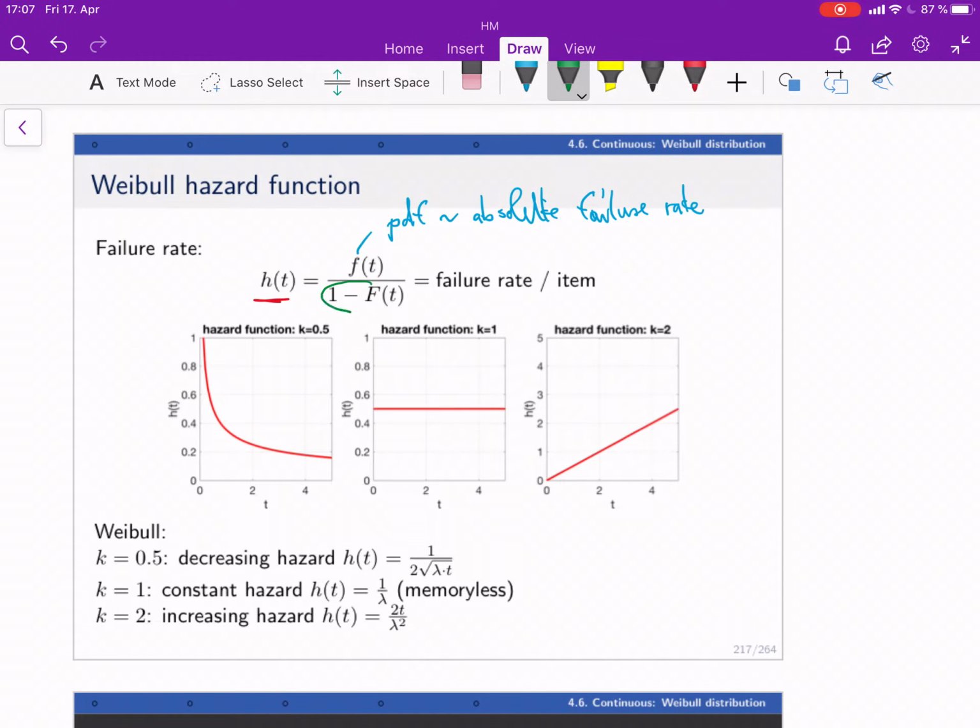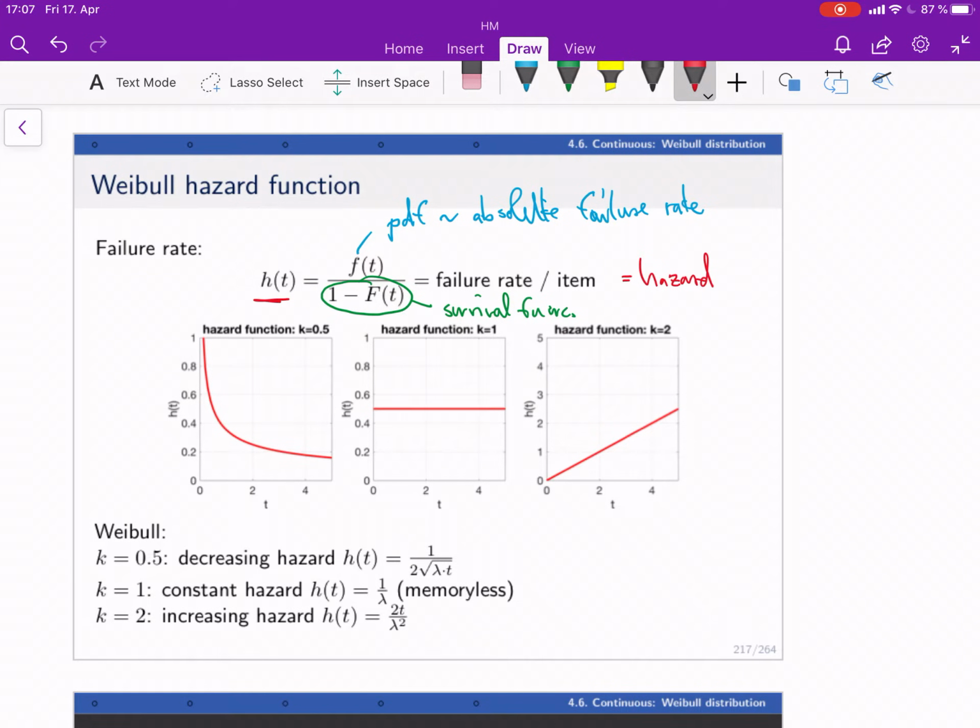But we normalize that with the survival function. That tells us how many parts are still working. So that gives us a failure rate per item, or like a hazard. How dangerous is it for an individual item that breaks at a certain time t?